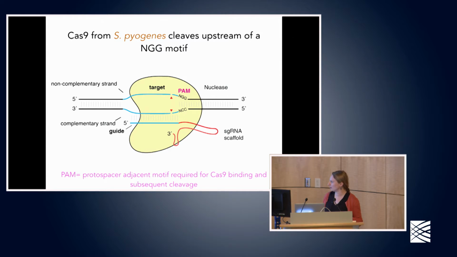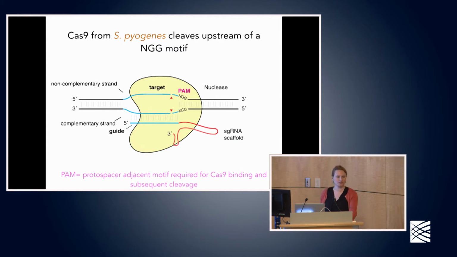And then the guide RNA scaffold, which is this hairpin-like structure that the protein recognizes to bind and associate with the RNA. Another key component for genome engineering is what we call the PAM, which stands for the protospacer adjacent motif. And it's a sequence that's required for Cas9 binding and subsequent cleavage.